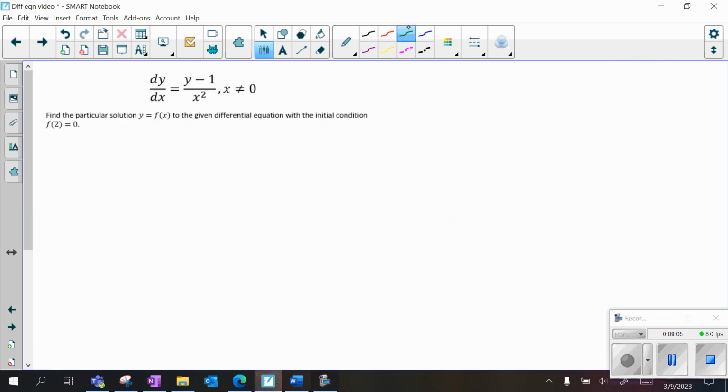So therefore, this is our final answer. Here's our next differential equation. And again, we're looking for the particular solution, so we'll use the initial condition. And first, we will separate. On this right-hand side, we can look at this as y minus 1 times 1 over x squared.